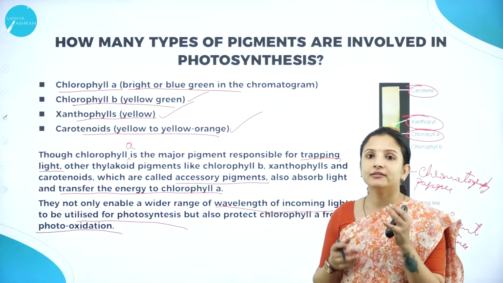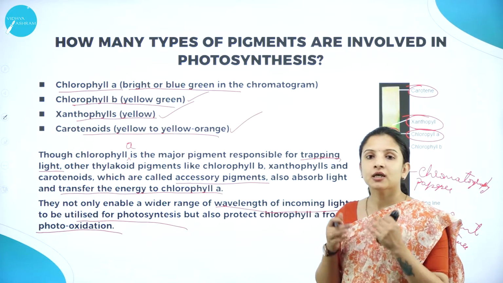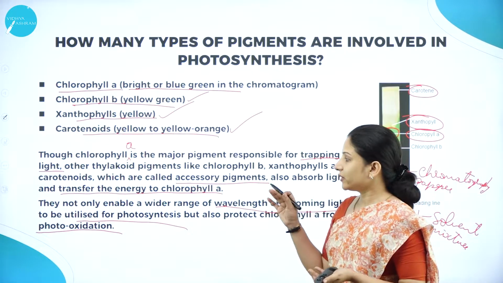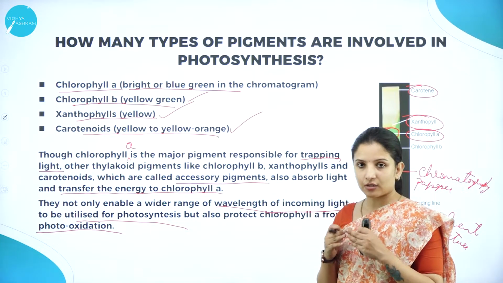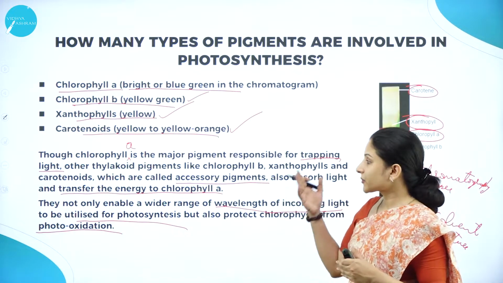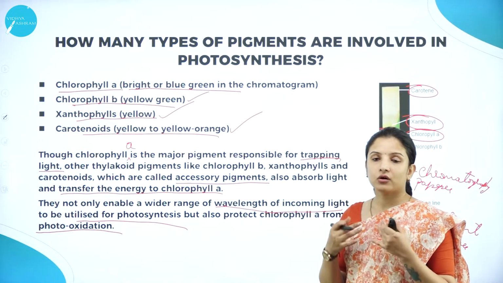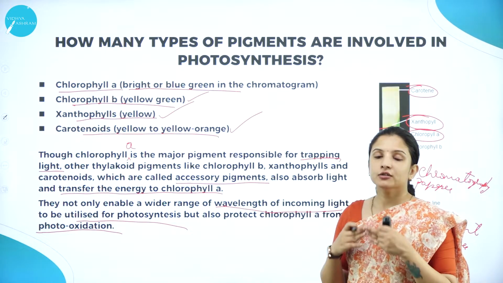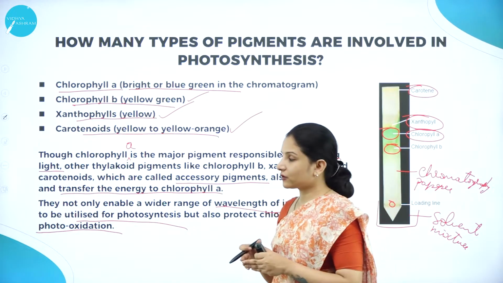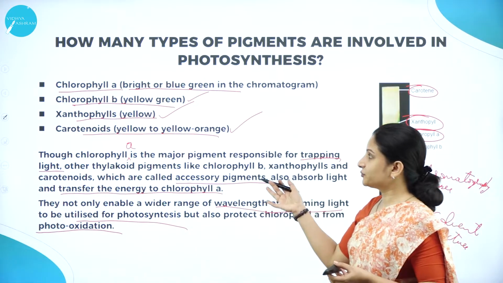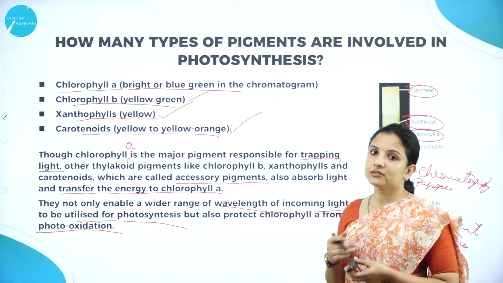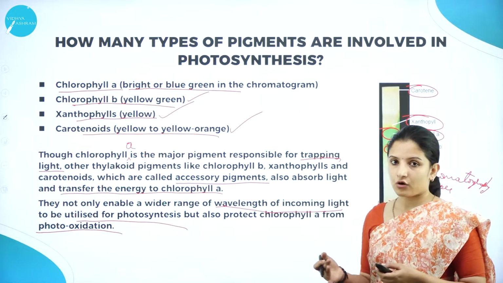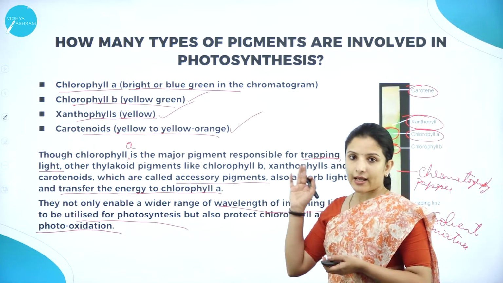Red light has a wavelength of about 680 to 700 nanometers. When such a wavelength is absorbed, it should not cause photooxidation of the chlorophyll A pigment. So in order to prevent that, the accessory pigments help chlorophyll A from being photooxidized. That is the function of the accessory pigments.